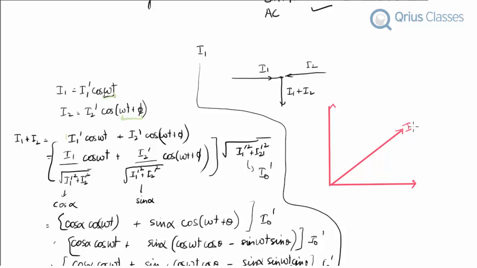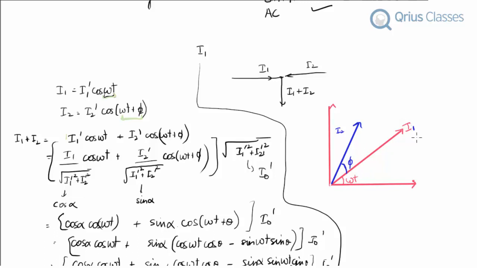So this is I1 and it has a phase of omega t. Then we have our I2, whose length would be I2 dash. This is I2 and the phase of this will be phi greater than that phase.